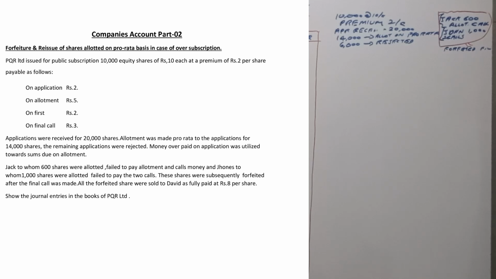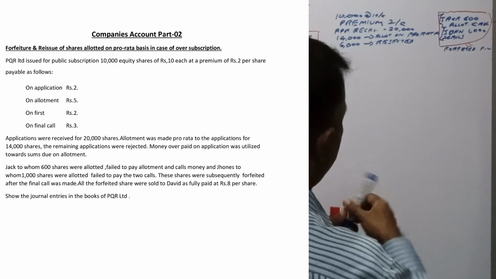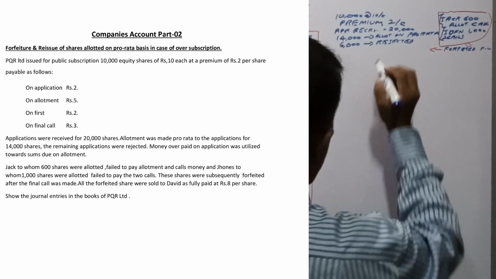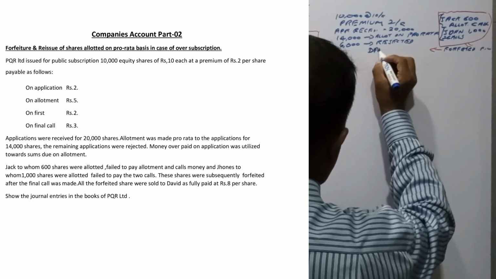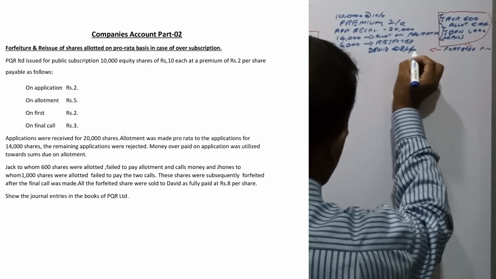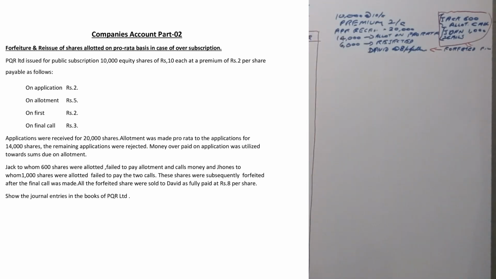All the forfeited shares were sold to David as fully paid at 8 rupees per share. Show the journal entries in the books of PQR Limited. You have been asked to show the journal entries in the books of the issuing company.